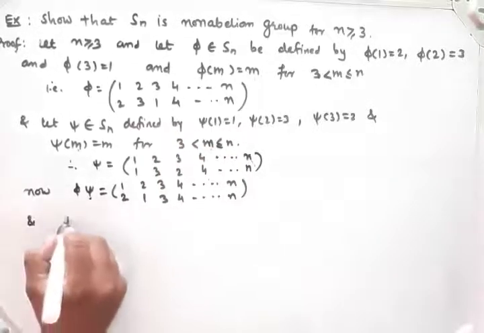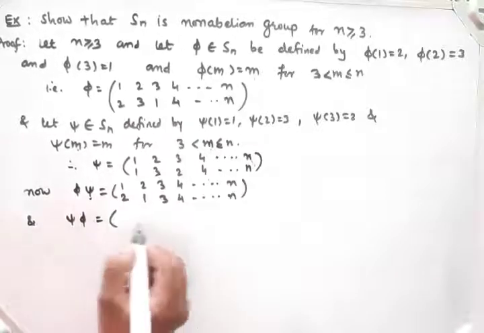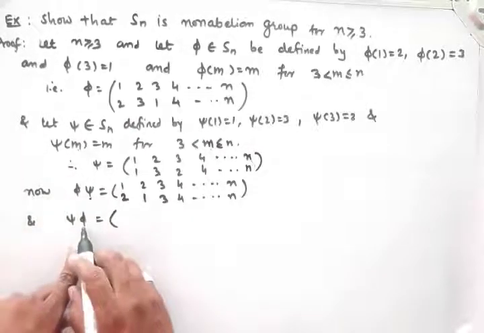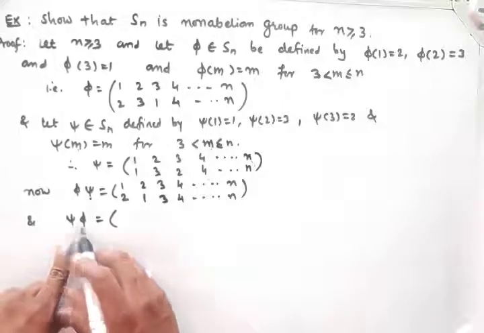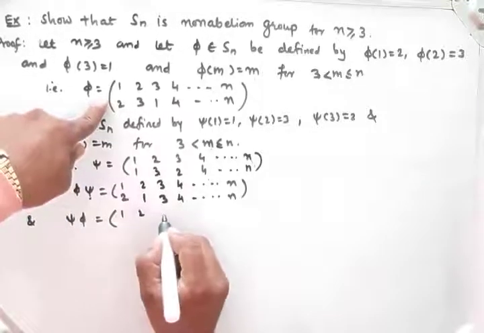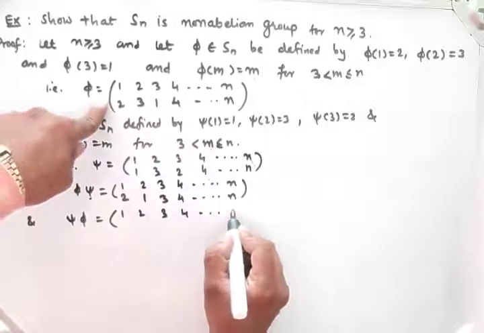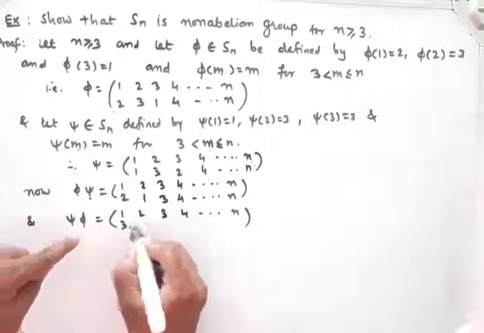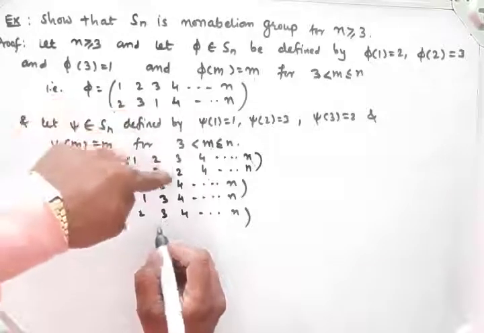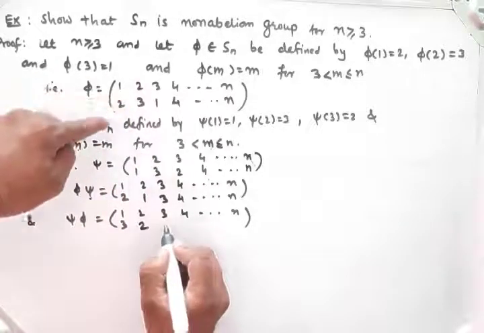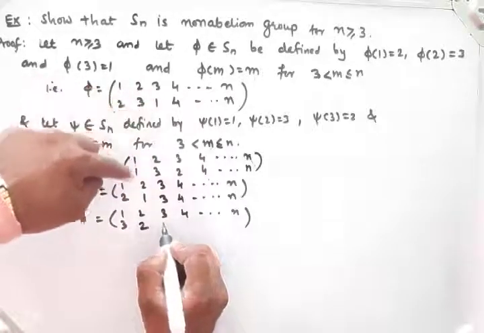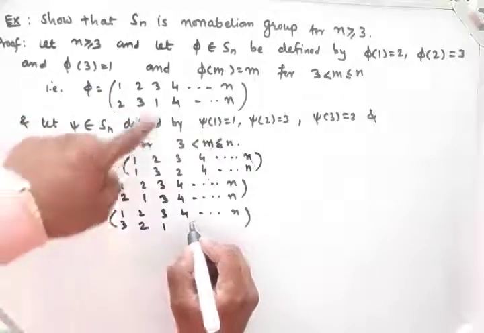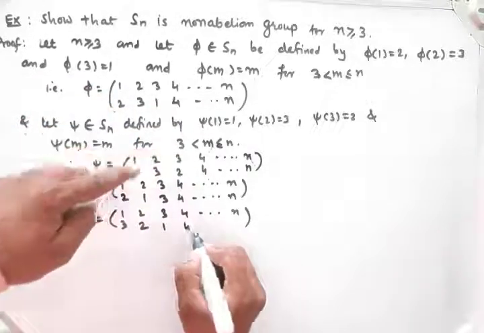And psi phi means first apply phi and then psi. So 1 goes to 2, then 2 goes to 3; 2 goes to 3, then 3 goes to 2; 3 goes to 1, then 1 goes to 1; and the remaining values stay as they are, 4 goes to 4, and so on up to n.